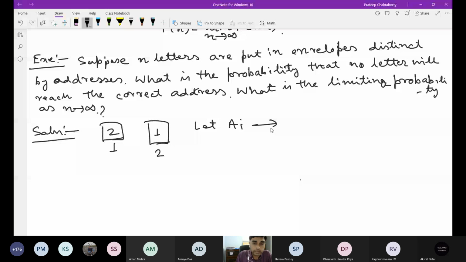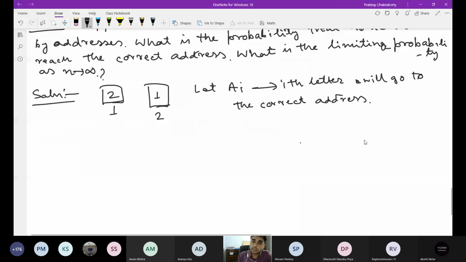Okay, so I write Ai is the event that the ith letter goes to the correct address, that is, will be put in the correct envelope. We are assuming that if we put it in the correct envelope, then it will reach the correct address.